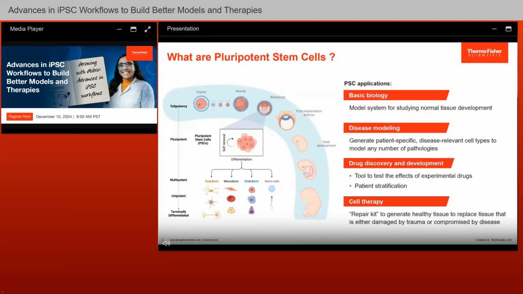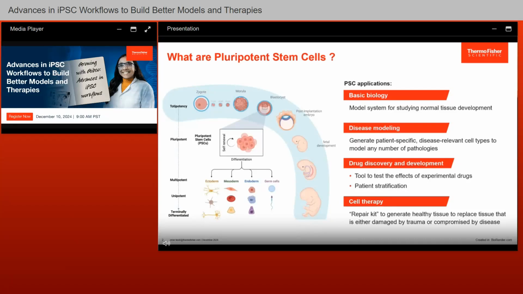The true power of PSCs really lies in their regenerative potential, which has opened up a myriad of applications. In basic biology, PSCs help us understand early human development and cell differentiation processes, while in disease modeling applications, they allow us to create accurate models for human disease, enabling better understanding and treatment strategies as well.